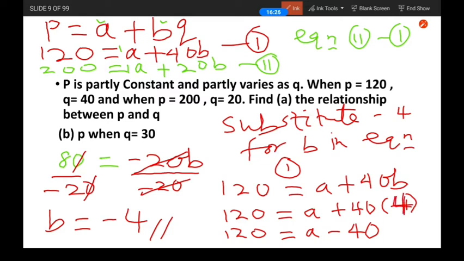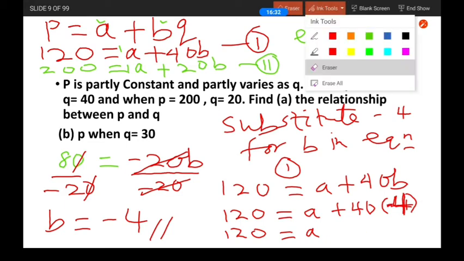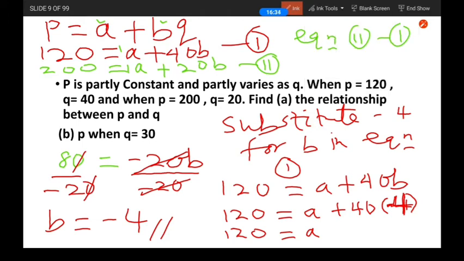Our B was minus 4. So we have to check when you are solving a question to be correct in what you are doing. So plus times minus will give us minus. 40 times 4 will give us what? 160. Correct.